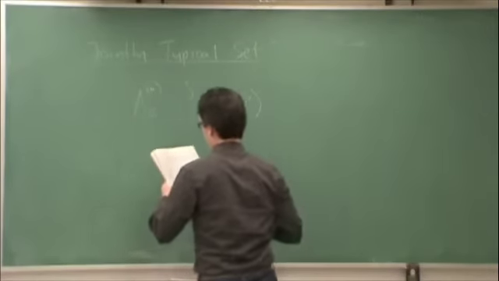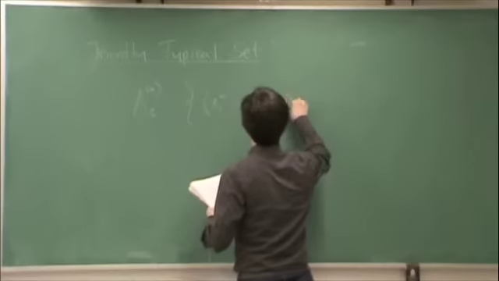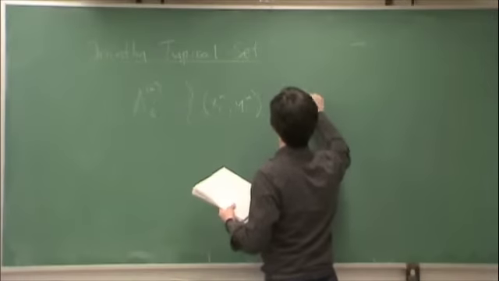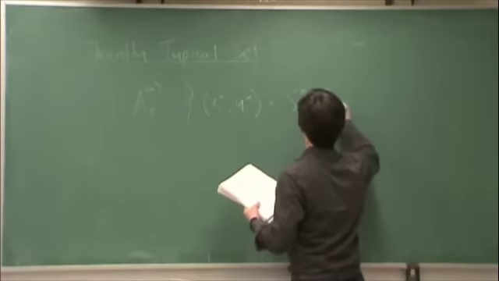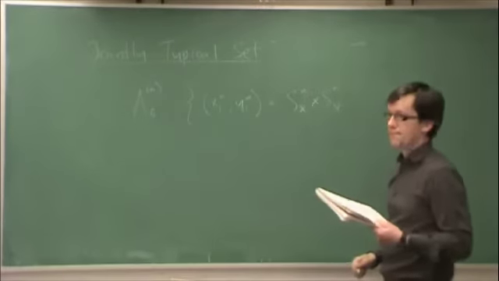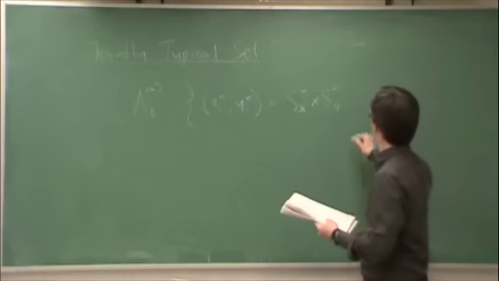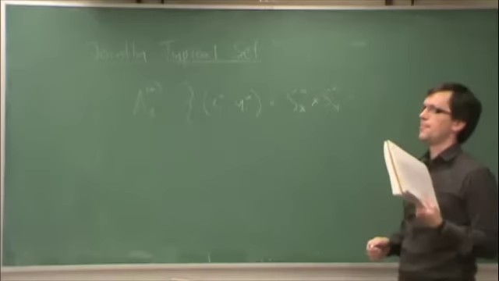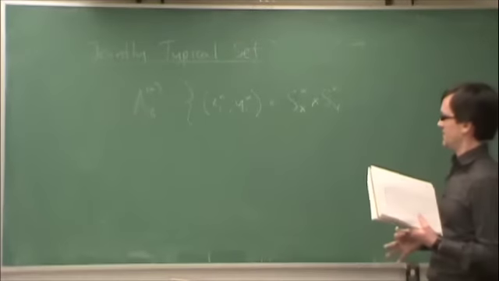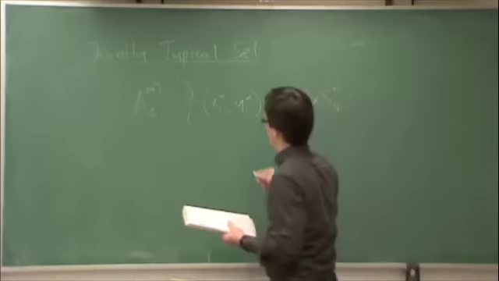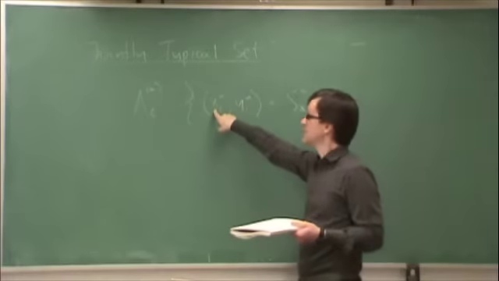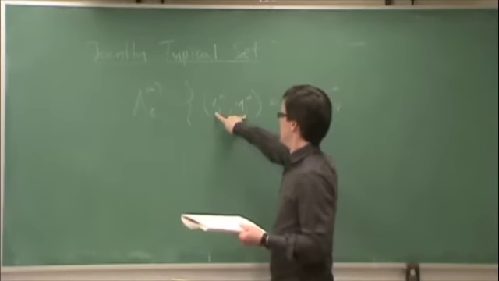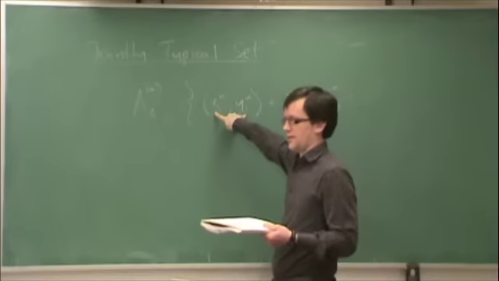x1 to n, y1 to n, in the channel input alphabet Cartesian product with the channel output alphabet, such that, okay, firstly, intuitively the explanation of this set is the following. The sequence x is itself typical, the sequence y is by itself typical, and the two sequences together are typical.